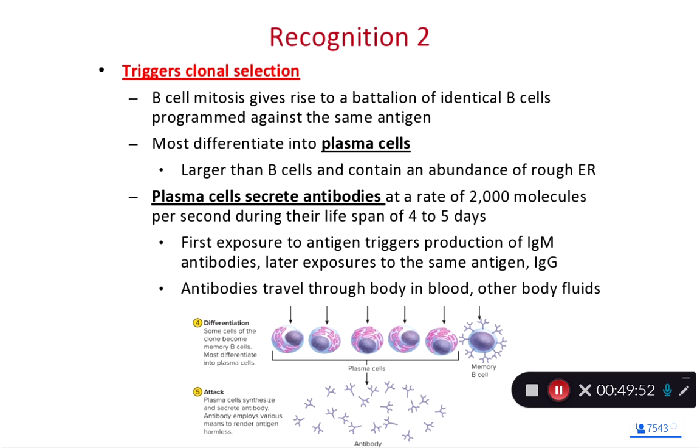It doubles, and then it doubles, and then it doubles, and we have that positive exponential increase of the population of B lymphocytes. Most B lymphocytes are going to turn into plasma cells. And plasma cells are the cell type that make antibodies. Plasma cells make antibodies.